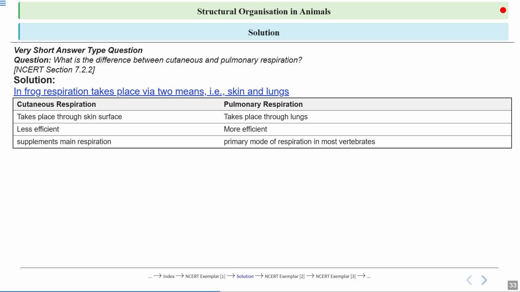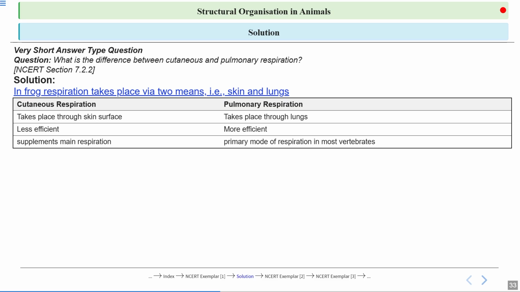And that too at the time of hibernation and estivation, because at that time very less oxygen is required. Whereas pulmonary respiration is more efficient, right?